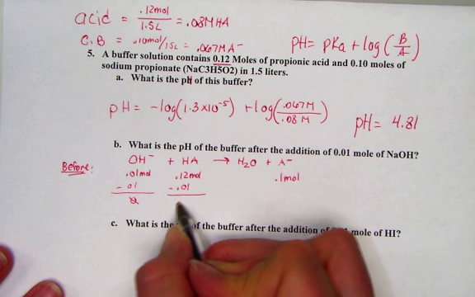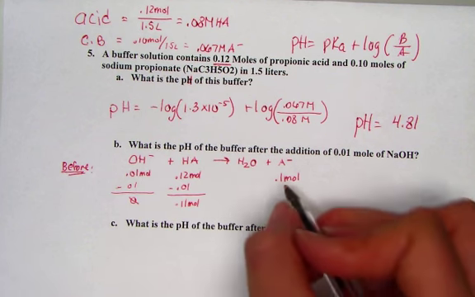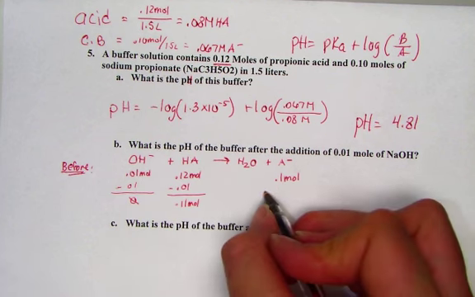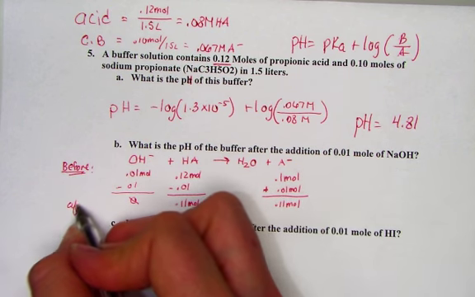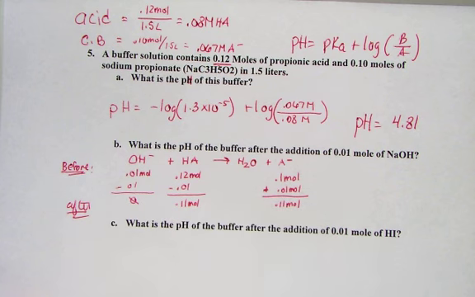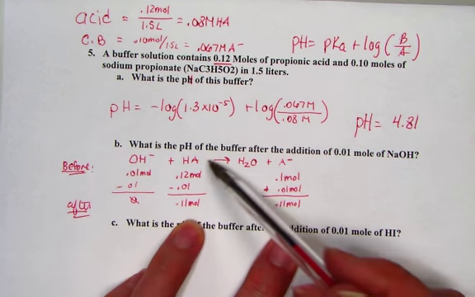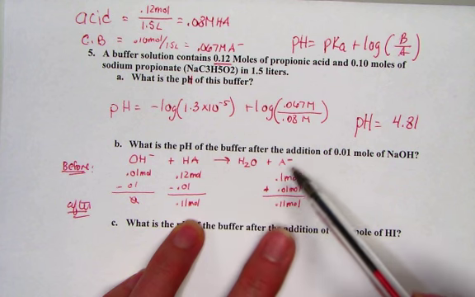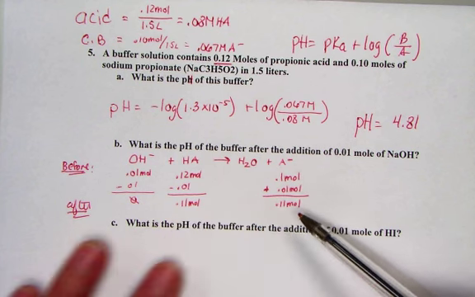0.12 minus 0.01 leaves me 0.11 moles of acid. And products get made in the same amount. 0.01 moles would be added, giving us 0.11 moles of the conjugate base. So after the strong base has been added, we now see the number of moles of acid to be 0.11, and the moles of its conjugate base also to be 0.11.